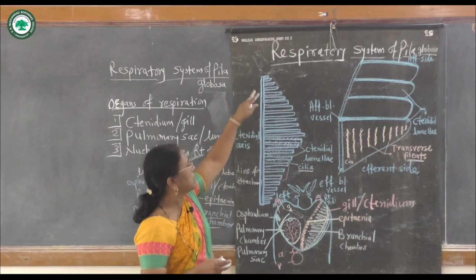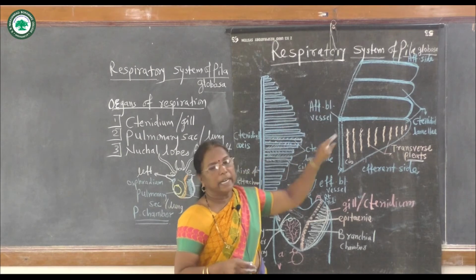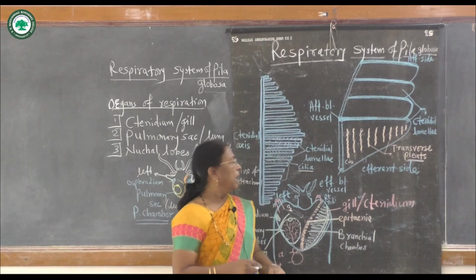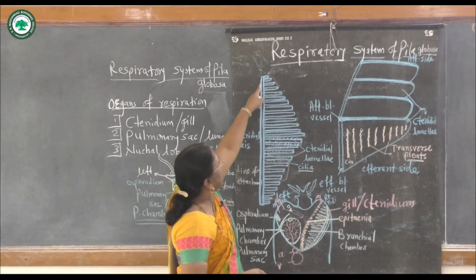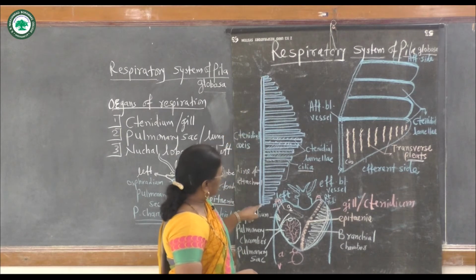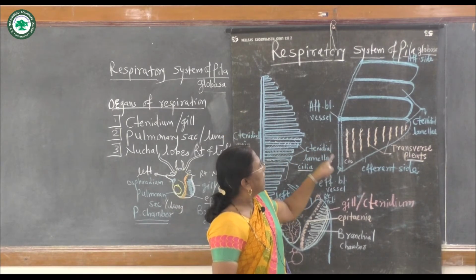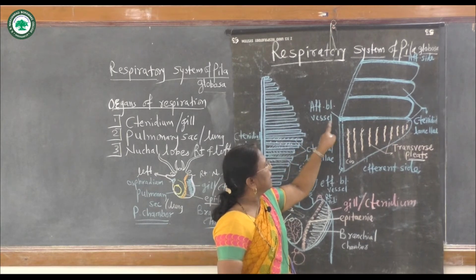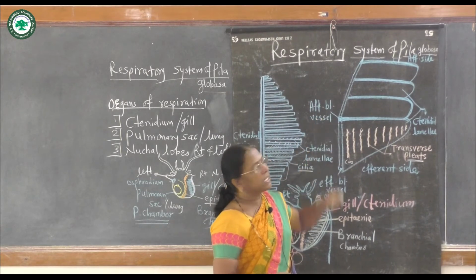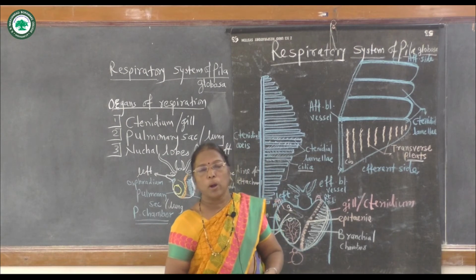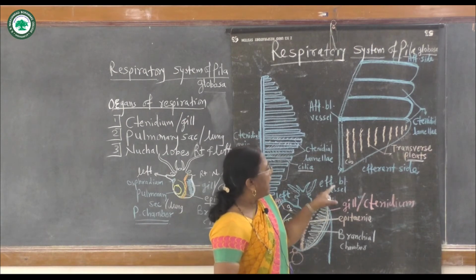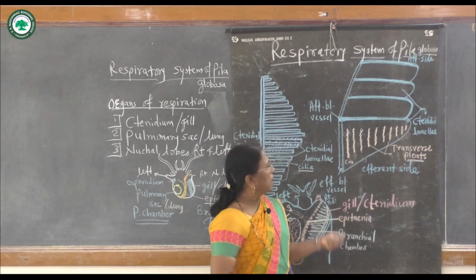This is the structure of the ctenidium or gill. Each ctenidial axis is provided with an afferent blood vessel which collects deoxygenated blood from all parts of the body.